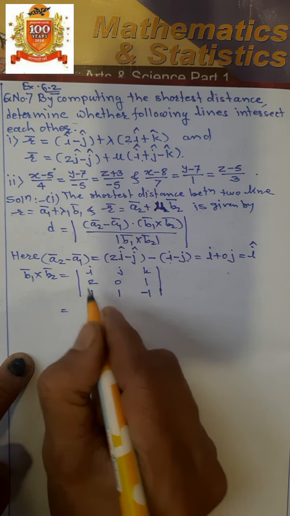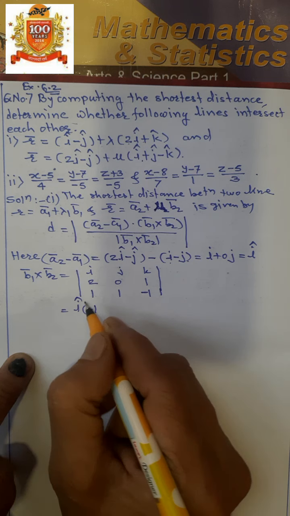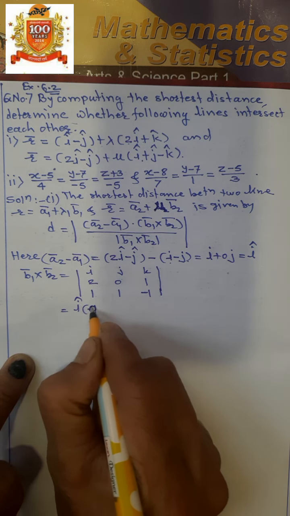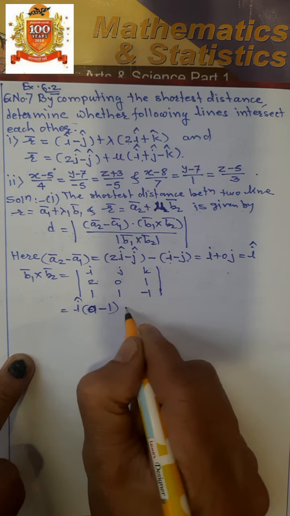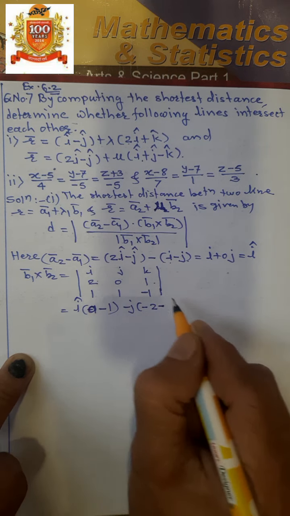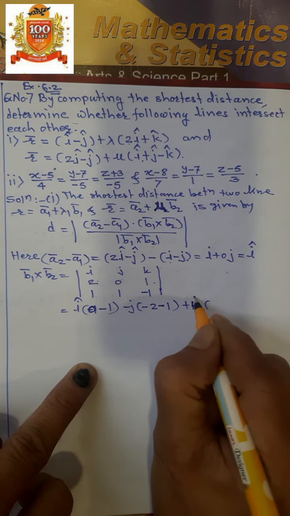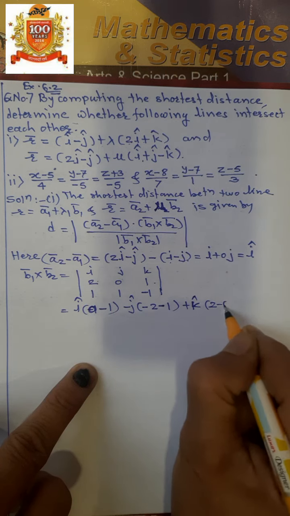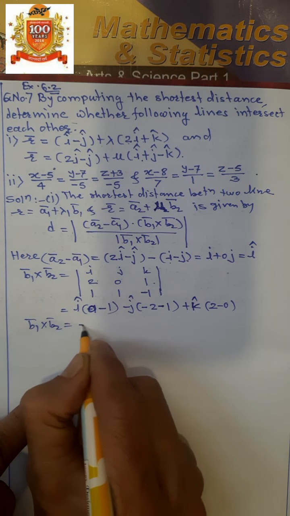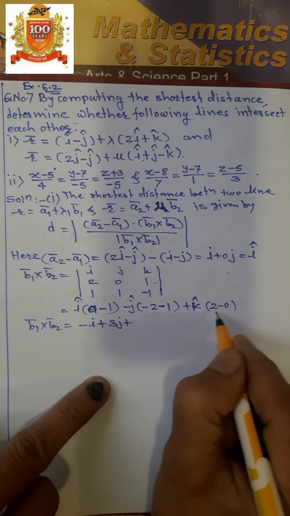After solving this we will get i into (0 minus 1) minus j into (minus 2 minus 1) plus k into (2 minus 0), that is b1 cross b2 is equal to minus i plus 3j plus 2k.